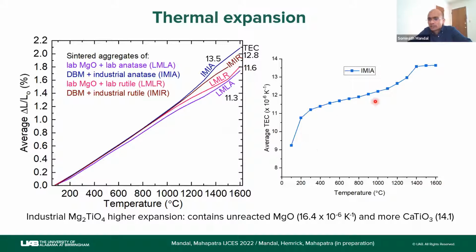Also, you see a general trend that the thermal expansion coefficient increases with temperature, which we have confirmed later. The same relation holds for other refractory aggregates as well. That is why we need to quantify high temperature thermal expansion coefficient values, so that we can design better thermal shock resistant refractories, because the refractories we are talking about are to be used at steel making temperatures.